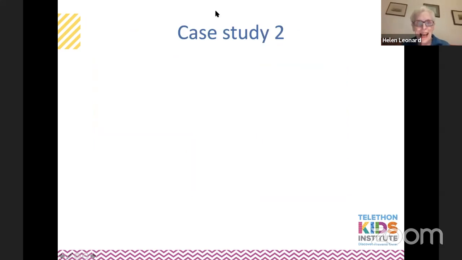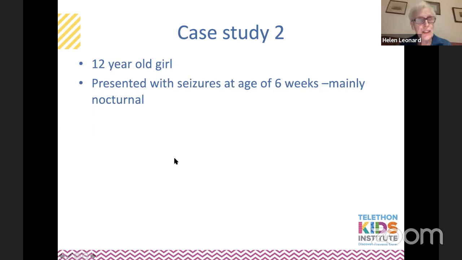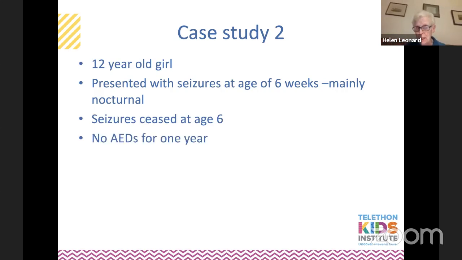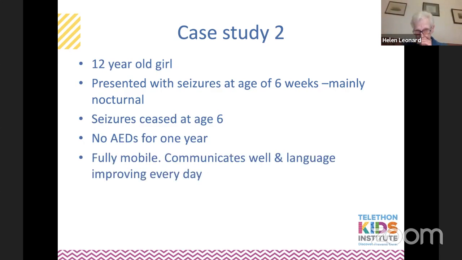So as you can see, she had a very different phenotype from what would be expected, but I think her story is important. So the second case study is a 12-year-old girl who presented with seizures at the age of 6 weeks, mainly nocturnal. Her seizures ceased at the age of 6. She has not been on any anti-epileptic drugs for the past year and has had no seizures.